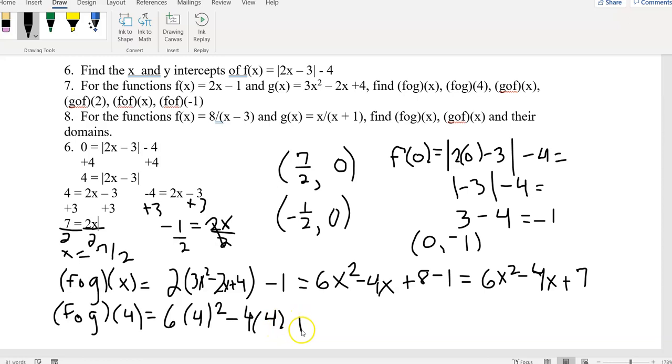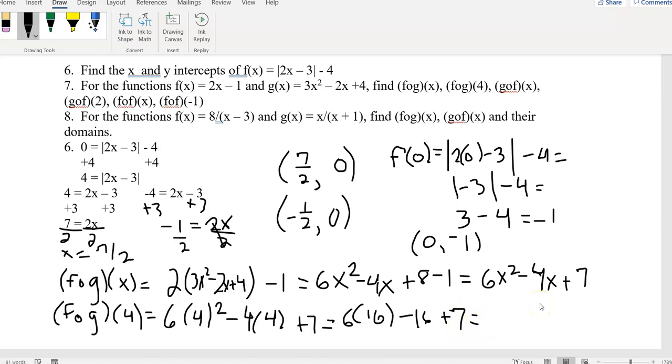Now be sure to do your order of operations, so you've got to do the 4 squared first before multiplying it times the 6. So that's 6 times 16 minus, we can go ahead and do the 4 times 4, that's 16 plus 7.